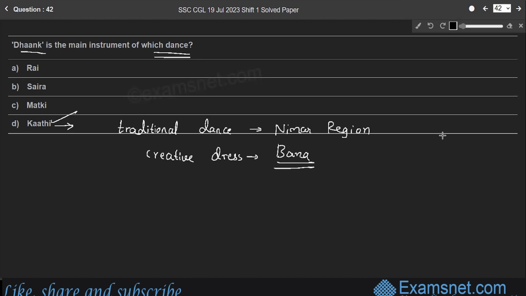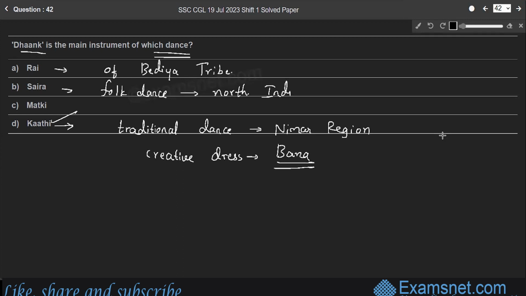Whereas in the remaining options, Rai is a traditional dance form of the Bedia tribe. Saira is a famous folk dance, predominantly performed in the states of North India.